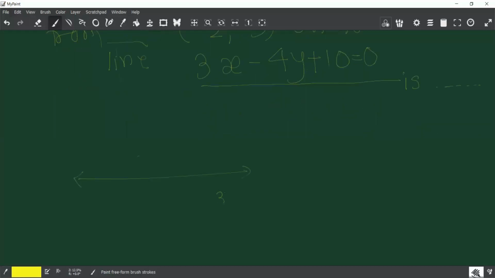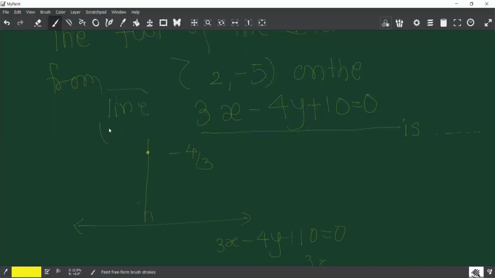This line is 3x minus 4y plus 10 is equal to 0. So its slope is 3/4. So the slope of my perpendicular will be -4/3, and it is passing through which point? What is the point given? (2, -5). So we have to find its equation. y minus y1 is equal to slope into bracket x minus x1.